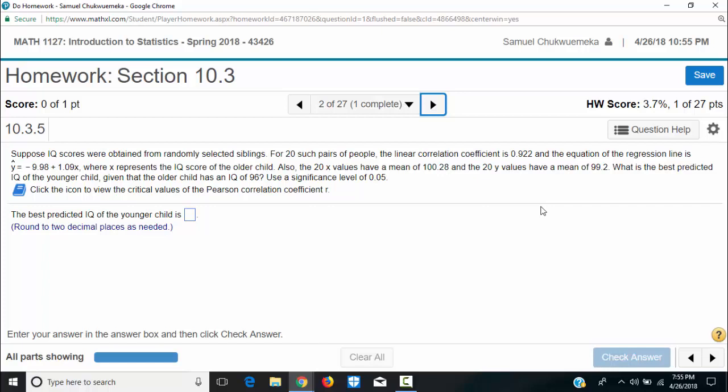So most likely you have a strong positive correlation between the two variables. But we are going to compare the absolute value of this, which is 0.922, with the critical value of the correlation coefficient for a sample size of 20.